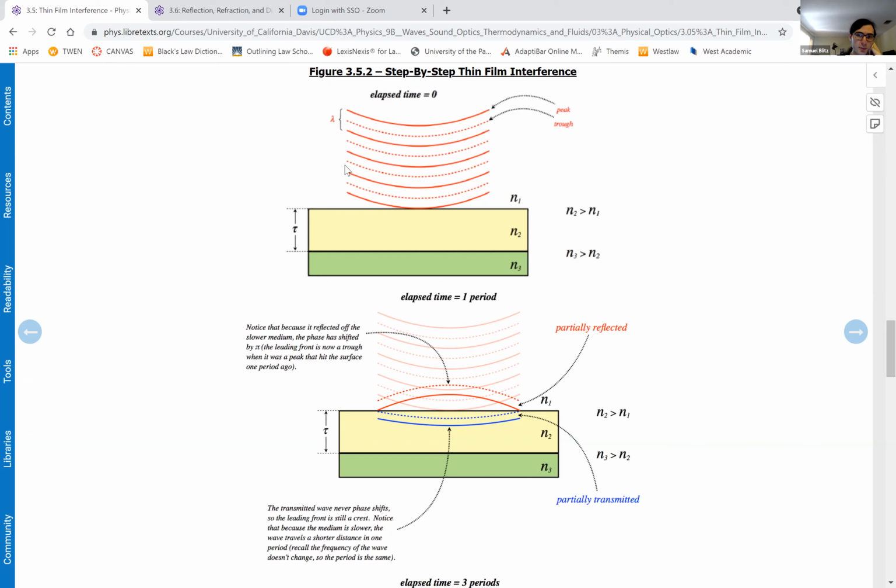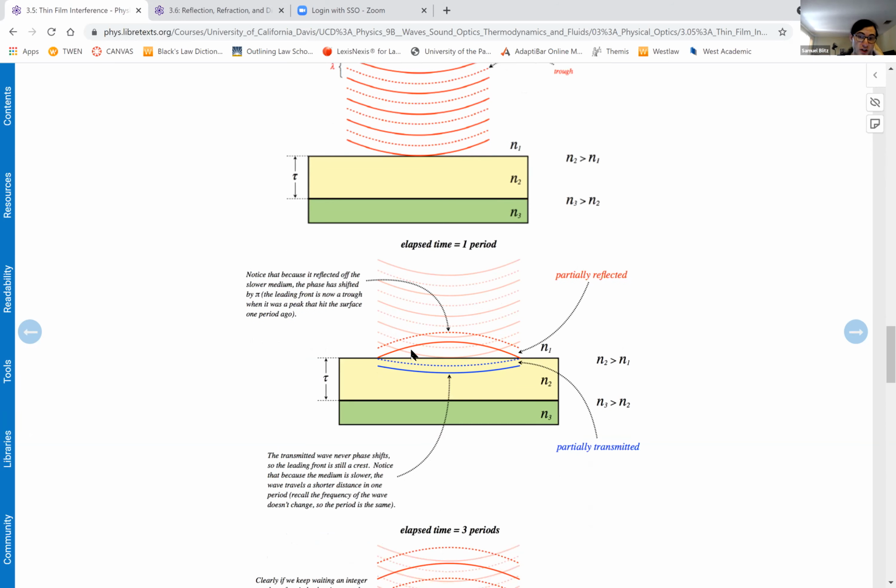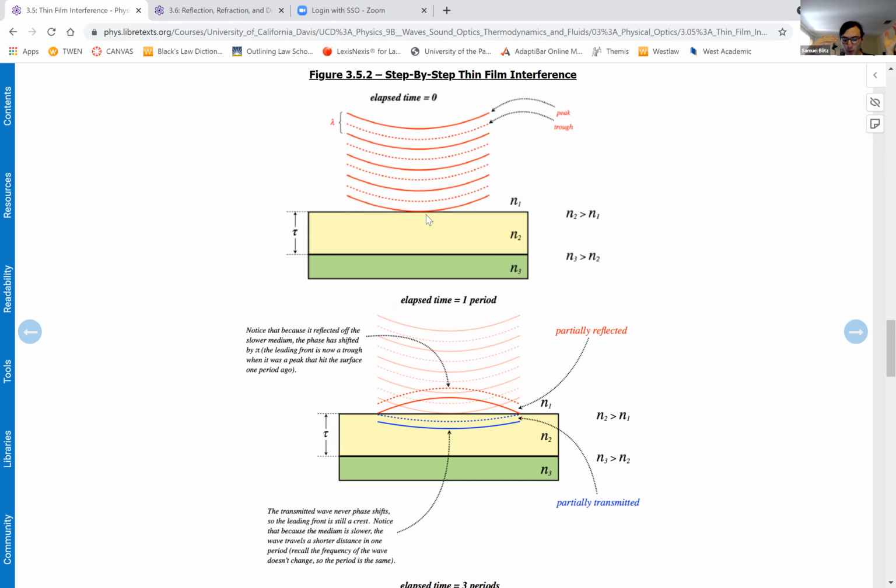Right, so the wave comes in, enters the first medium. Now there's going to be a reflection and a transmission. Now we can look at both of these. So the reflection, you might say, well, wait a minute, when something reflects, the leading edge should be the first part that's reflected. So the first part that hits the interface is a peak.